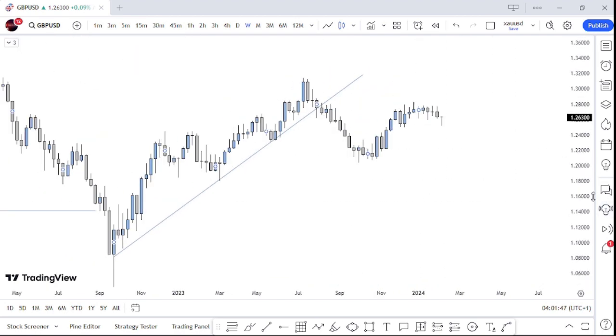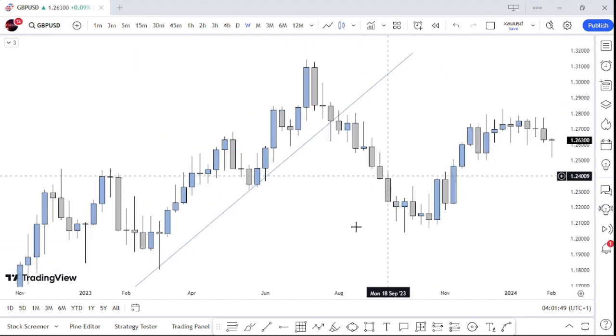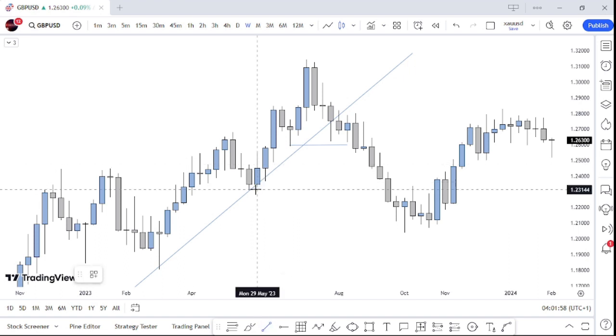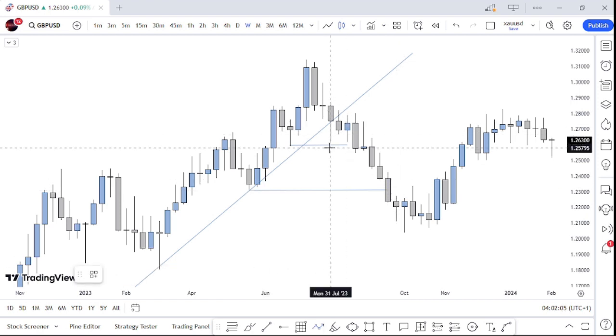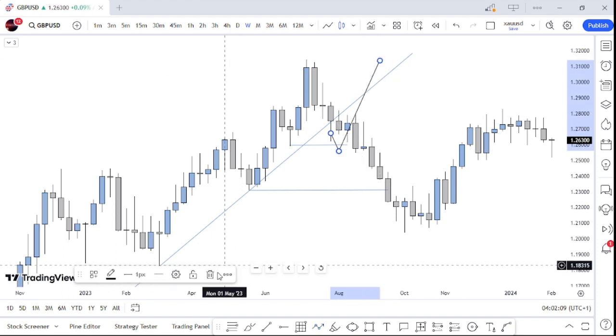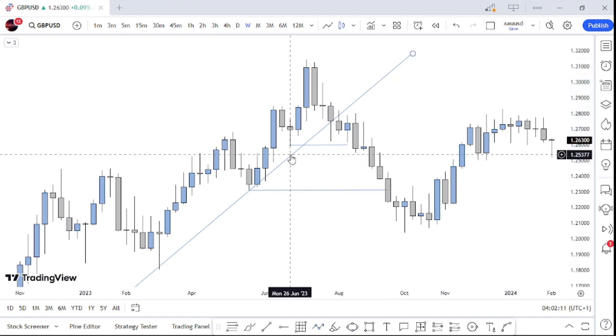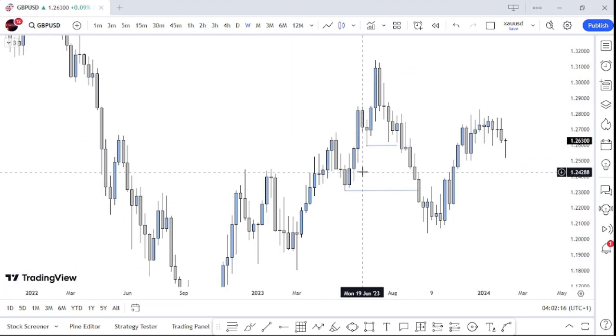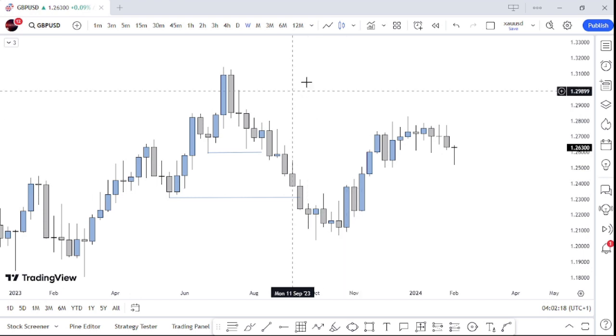First the minor structure broke here, and then the major structure here. The market could have cleared this low, gone down, and then continued upwards, but breaking this low was a sign that we are done with the bullishness and now we are bearish.